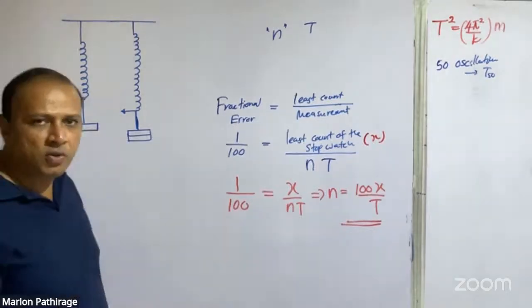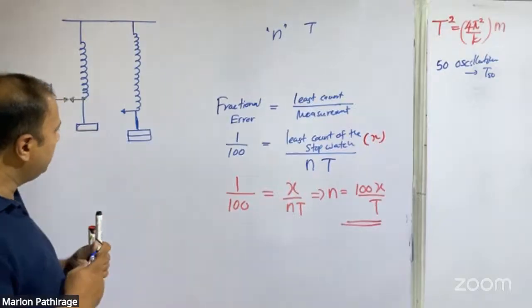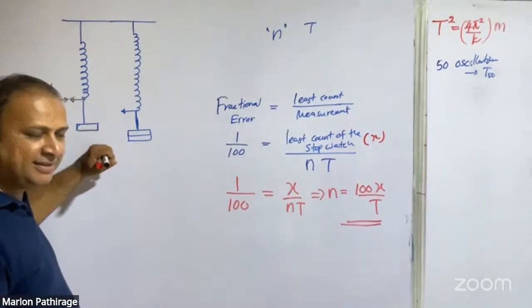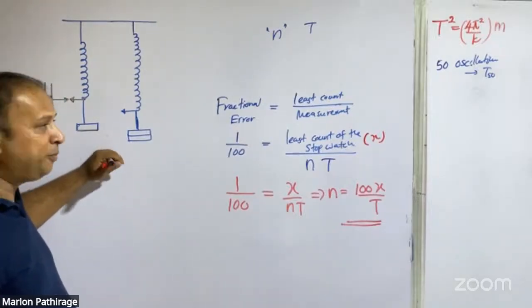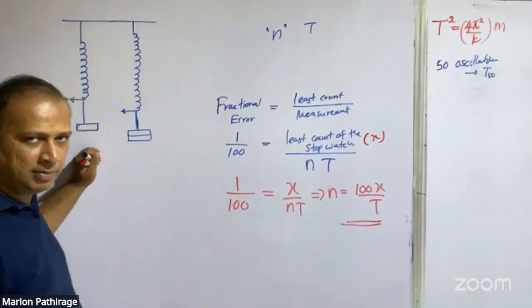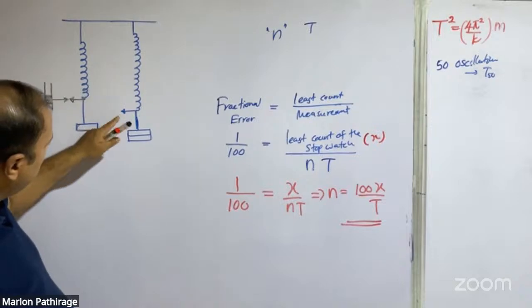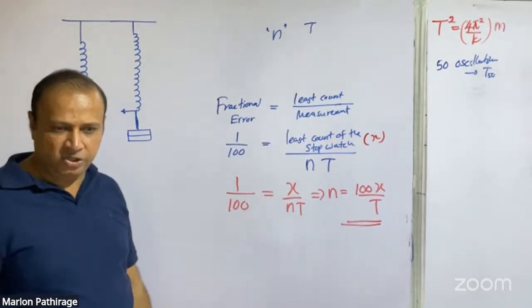Once you add another weight, you have to wait until the object is in the equilibrium condition. Then you can identify that the equilibrium condition has changed in the downward direction.